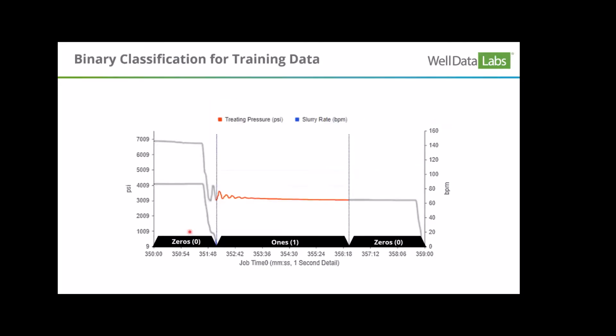For this, we also treated the problem as a binary classification problem. We tag zeros from the beginning of the stage to almost the end, or where the slurry rate is equal to 0, and then ones in order to isolate the area that we were looking for in the ISIP. That includes the water hammer behavior, and then zeros up to the end, where the pressure keeps going down until it reaches basically 0.